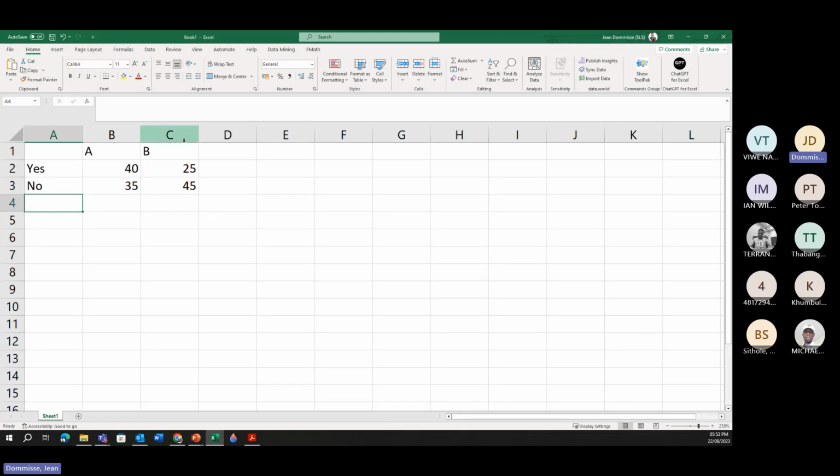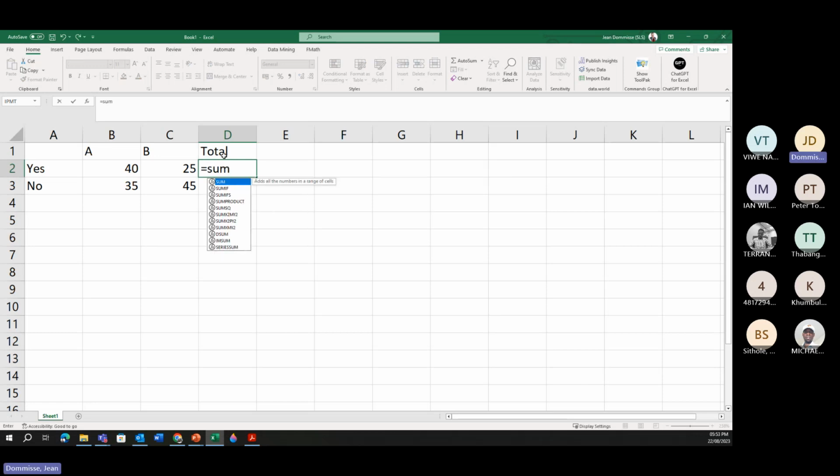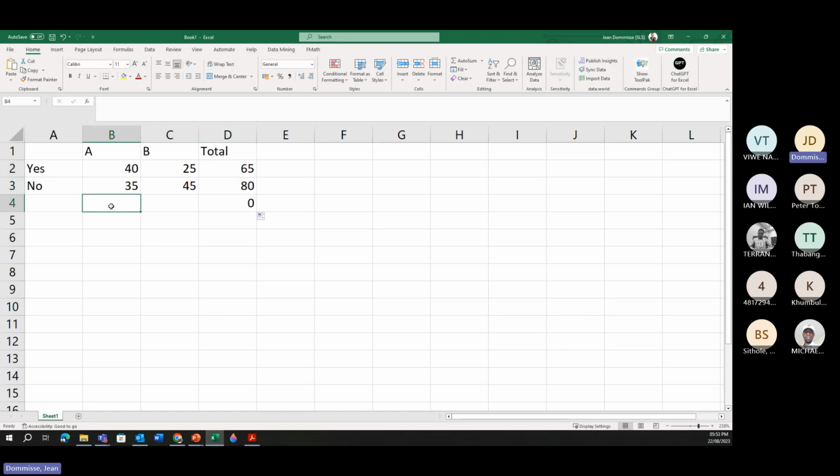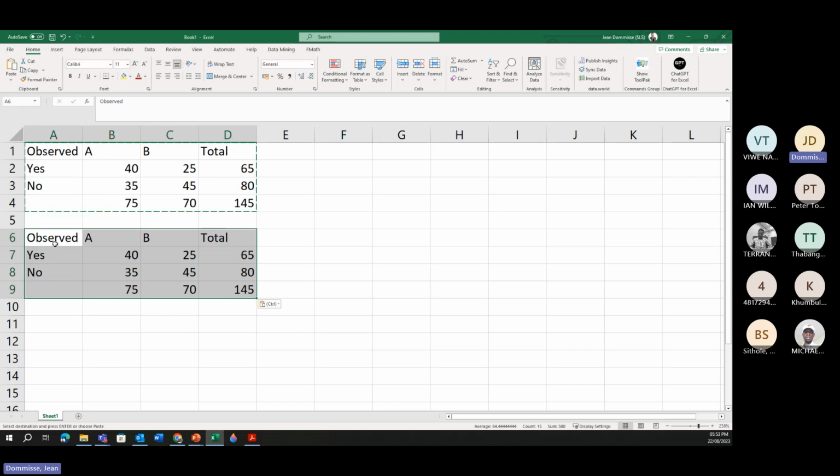Okay, so this was the data that they've given us. We can add totals just so that they are there. They don't need to give you the totals in the question. Let's make sure that is everywhere. And then what we can also say is, this was observed, so what we want to do is work out what the expected values are.